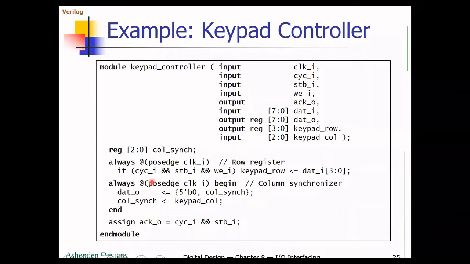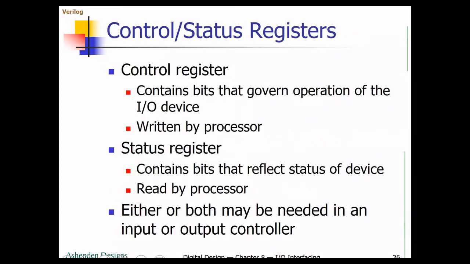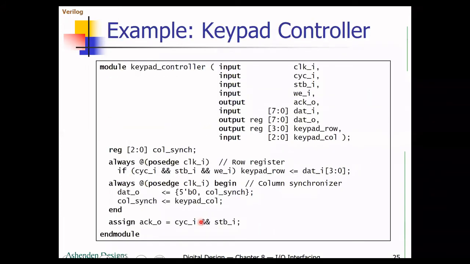And always at the passage of the clock, the column synchronizer runs. So data out will be the column which has a voltage. So this is a simple Verilog code of a keypad controller. Any questions? We'll have a question session at the end of the session.